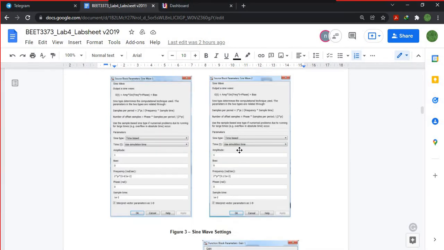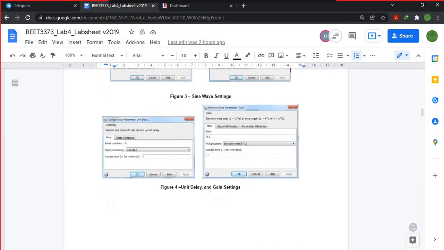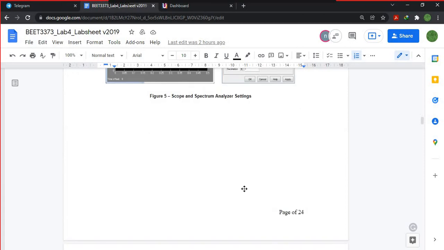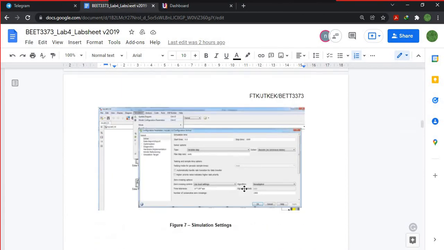Sorry, before that, we need to set the Simulink sine wave settings. So we set them as in the lab sheet. This is the setting for unit delay and gain. This is the simulation setting.